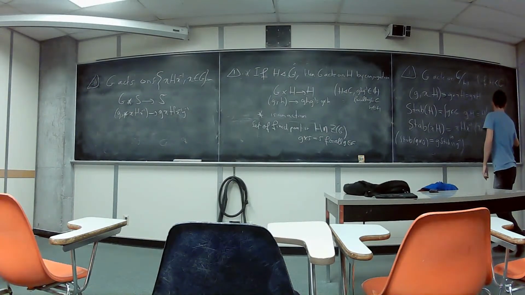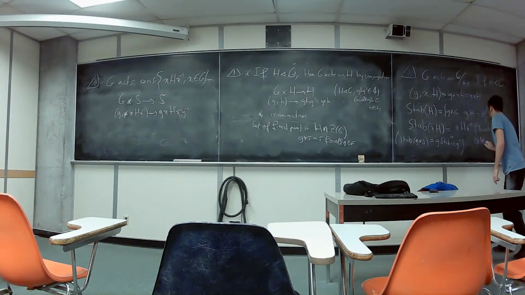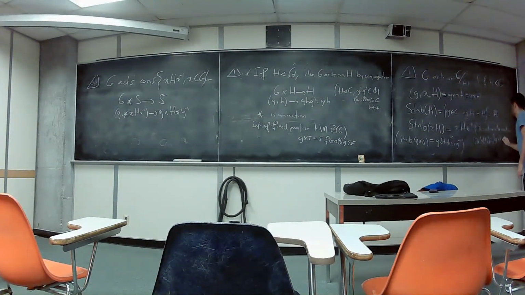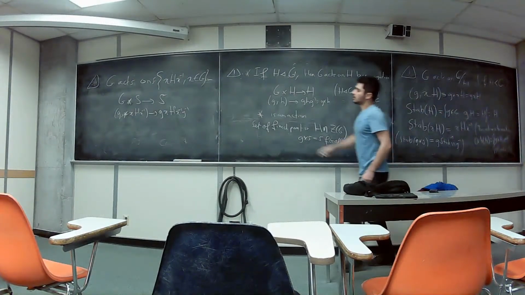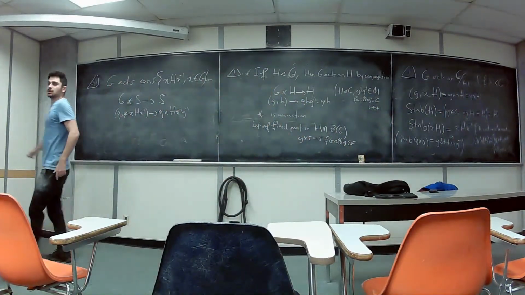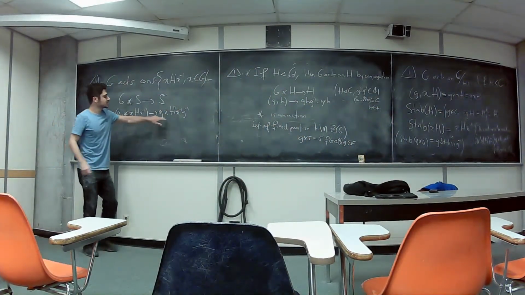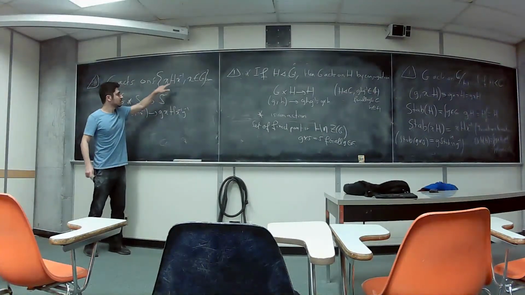What is the orbit of H in that case? The orbit of H is just g star H as g is in G, which is the set gHg inverse. Is it clear that gX H X inverse g inverse belongs to S?